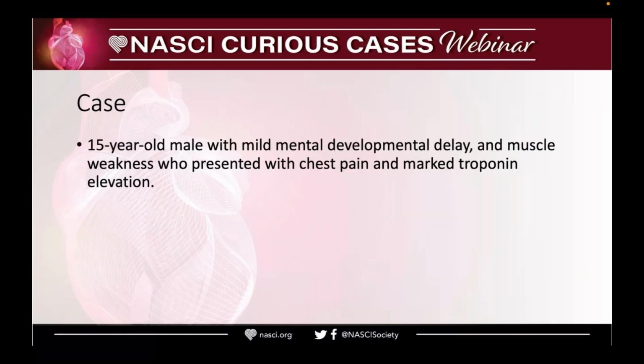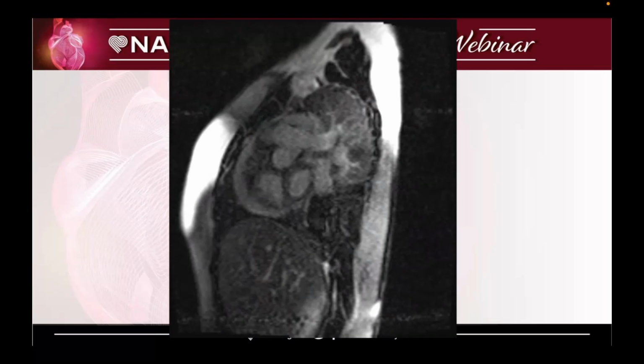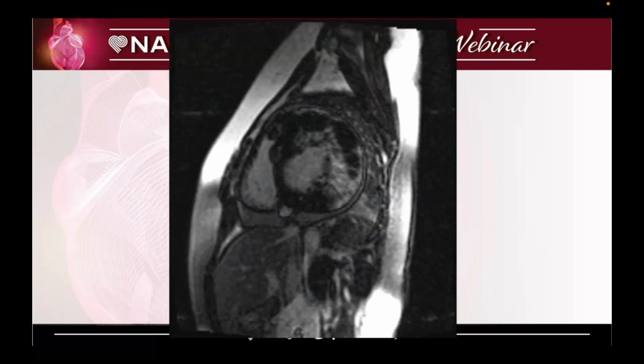Okay, another case. A 15-year-old man with mild mental developmental delay, muscle weakness, and chest pain presenting with marked troponin elevation. Any thoughts?